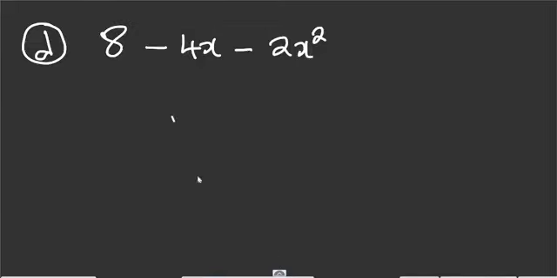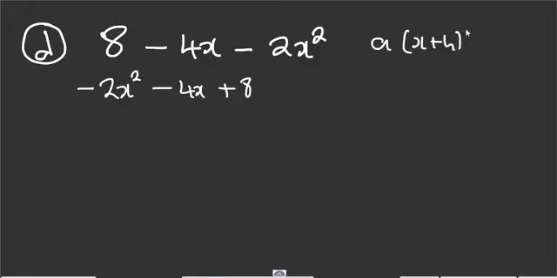So under question D, what we have here is 8 minus 4x minus 2x squared. So you can write this in a different way. You can write it as negative 2x squared minus 4x plus 8. Now remember, we also want to express this one in the same form, a open bracket x plus h squared then plus k. So how do you express this one?